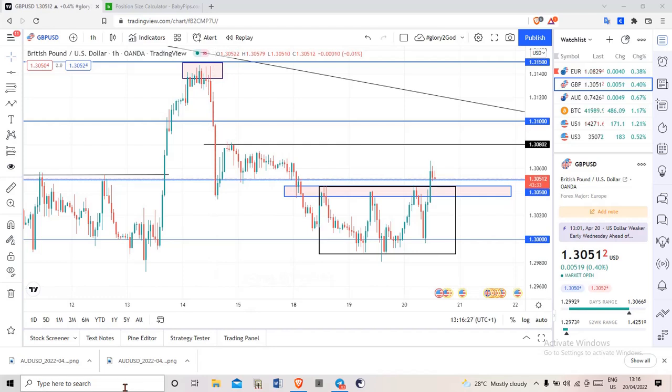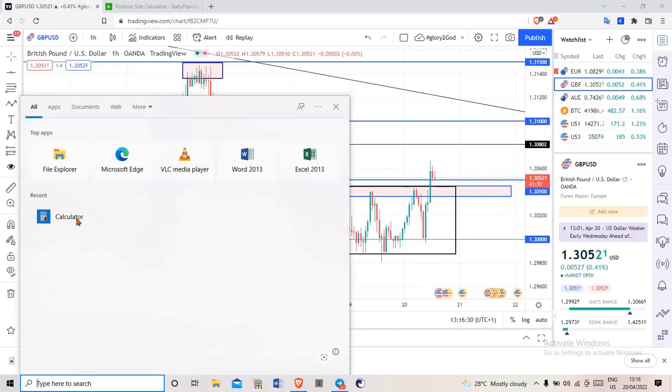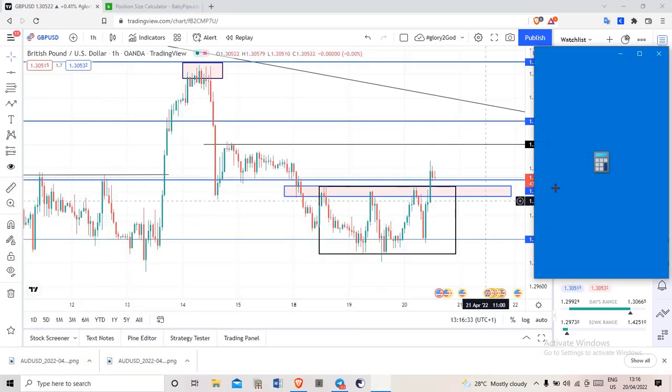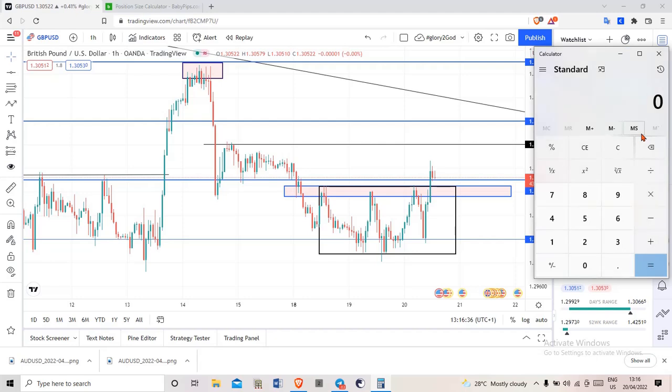So where is my calculator? So if I have price to be 1.300, remember that for most currency pairs, except JPY pairs, we have five decimal places, which is after the decimal point, you have 1, 2, 3, 4, 5.